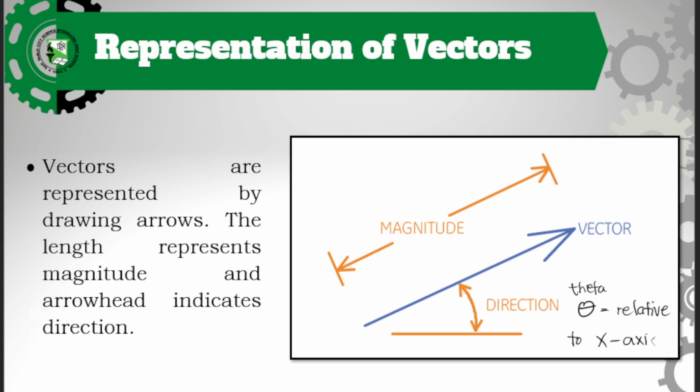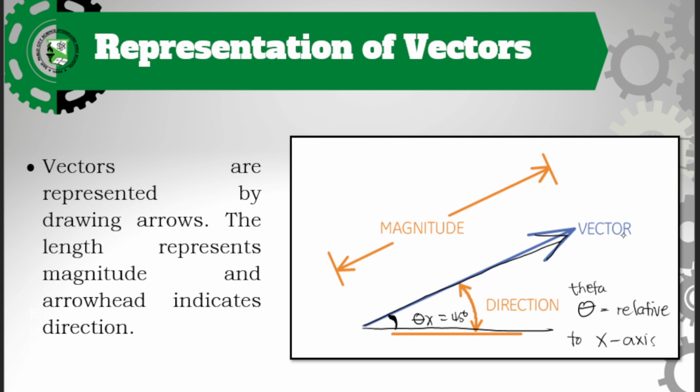What do we mean by relative to the x-axis? For example, we have here this vector quantity. In order for us to numerically describe its direction, we have to know the angle of inclination of that specific vector with respect to our positive x-axis. For example, this is theta equals 45 degrees.